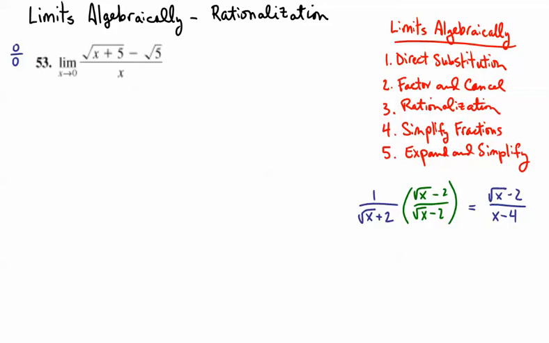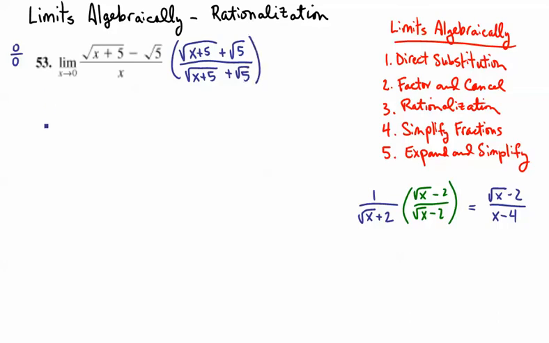In our case, we have square root of x plus 5 minus square root of 5. The conjugate of that would be square root of x plus 5 plus the square root of 5. And we're going to multiply numerator and denominator by that expression.